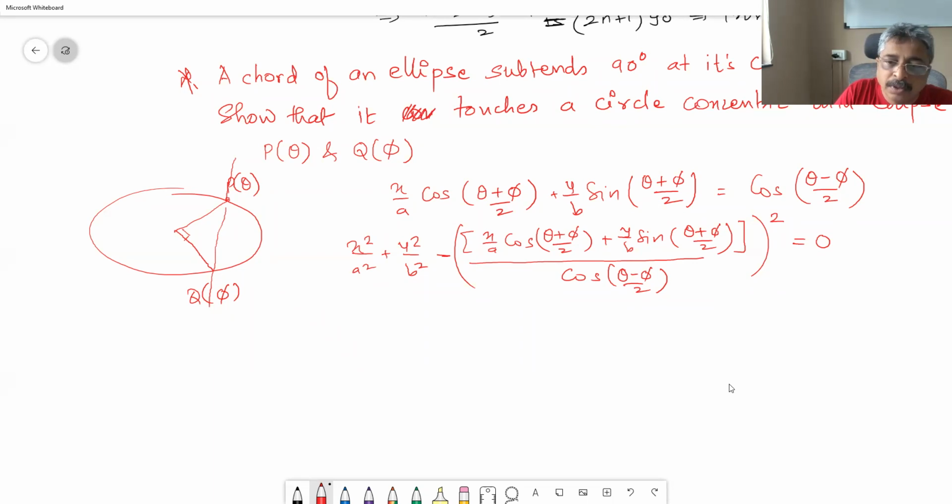So let us collect the coefficient of x square.